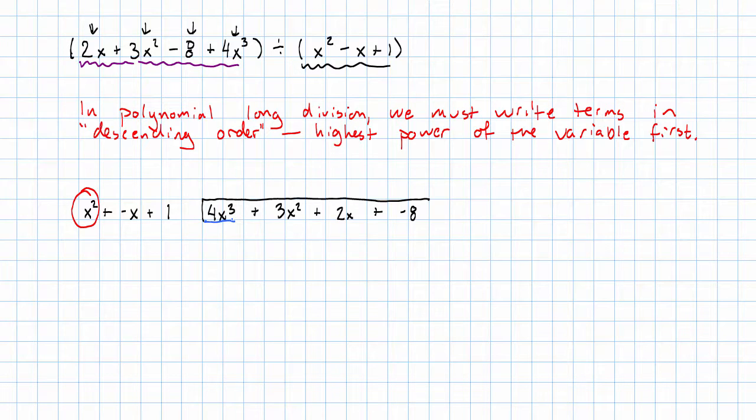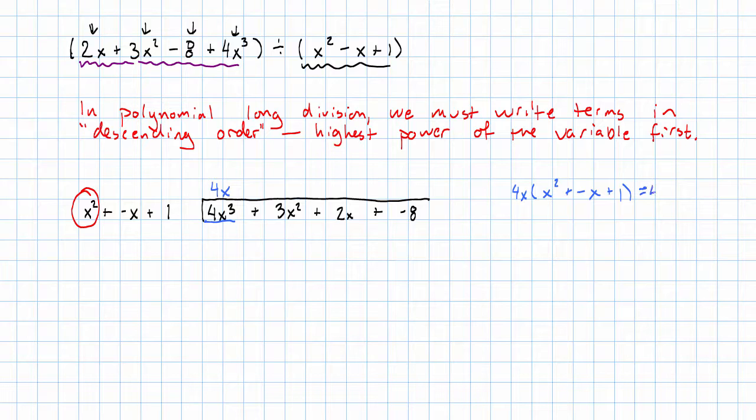4x cubed divided by x squared. 4 divided by 1 is 4. X cubed divided by x squared is just x. So we'll have 4x times x squared plus negative x plus 1.